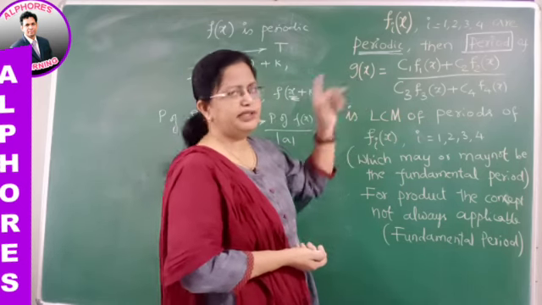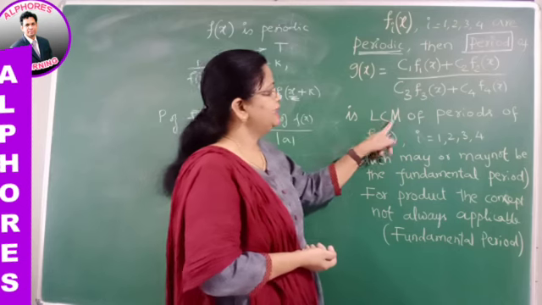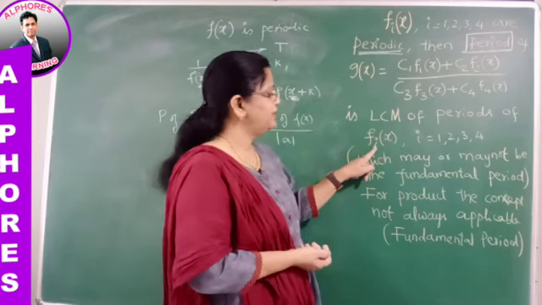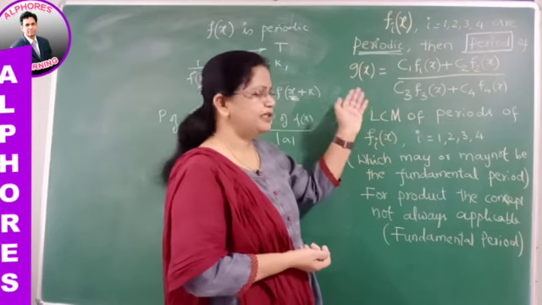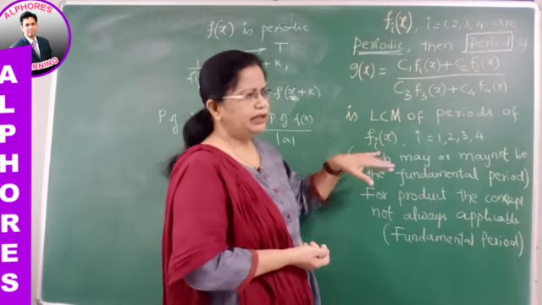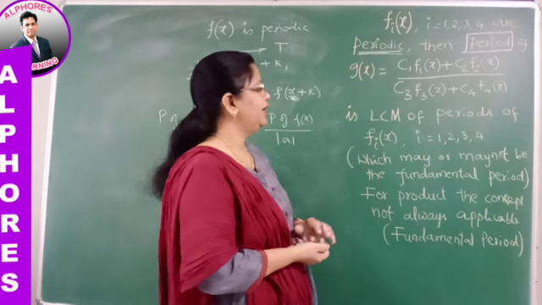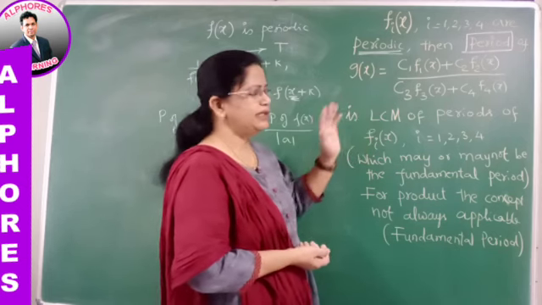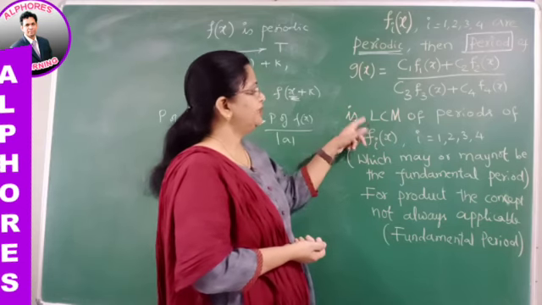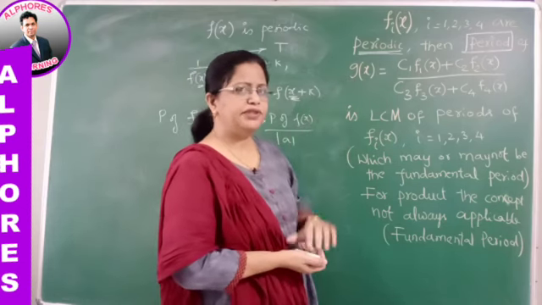So the period of g of x is nothing but the LCM of the periods of the f i. That is, find the periods of f1, f2, f3, f4, and whether they are in the numerator or denominator, nothing will change; just get the individual periods and immediately take the LCM. That is the period of g of x.